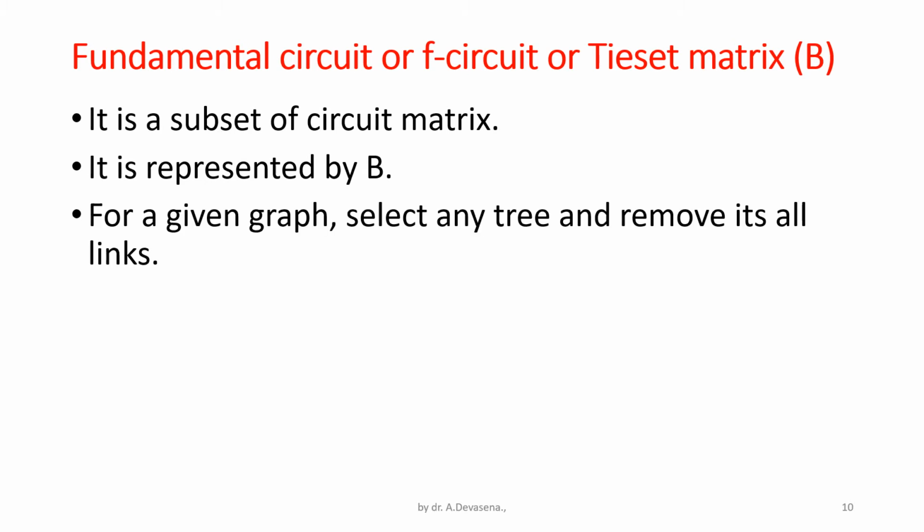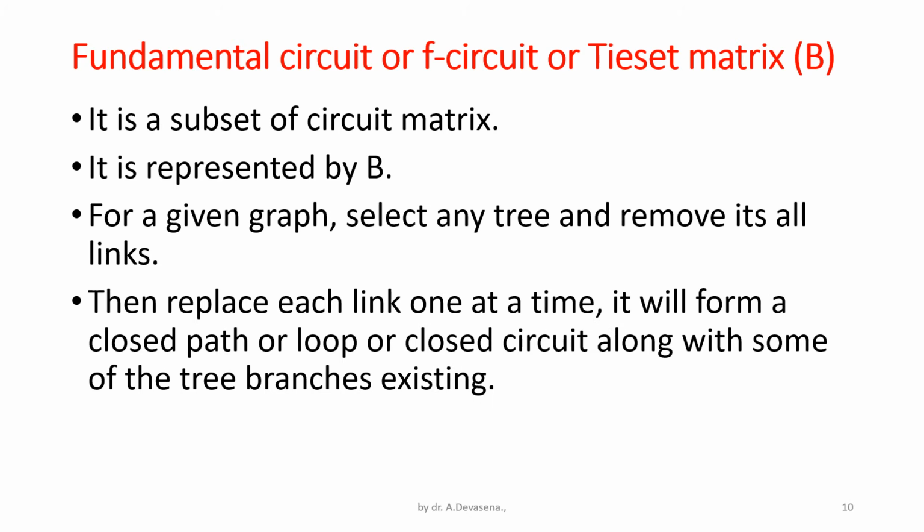For a given graph, select any tree and remove all its links. Then replace each link one at a time. It will form a closed path or loop or closed circuit along with some of the existing tree branches.